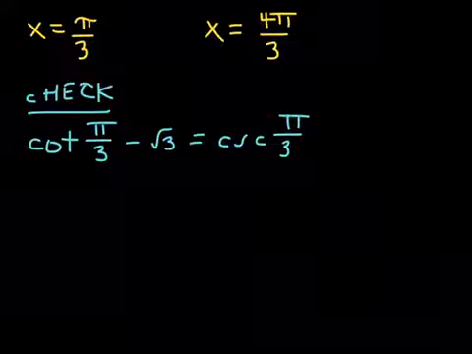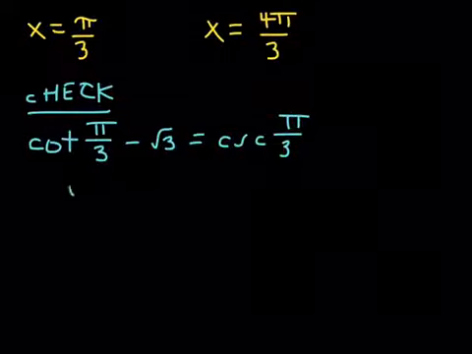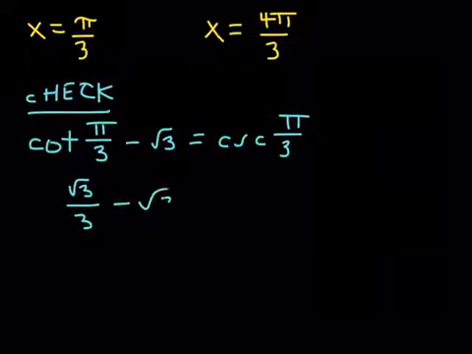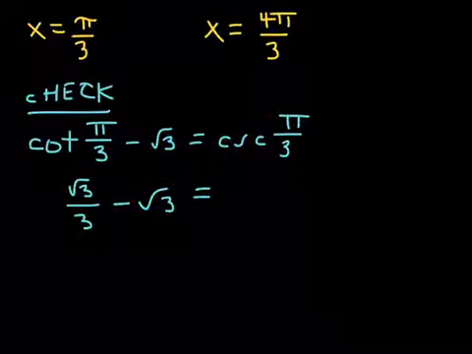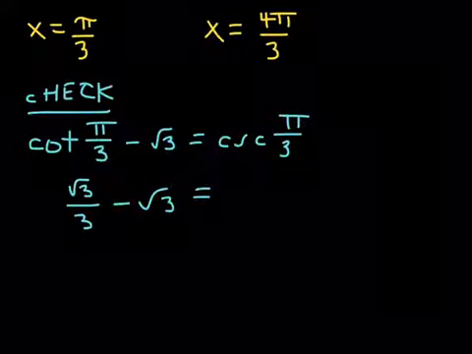Cotangent of pi over 3 is root 3 over 3 minus root 3 is equal to cosecant of pi over 3. But cosecant of pi over 3, let's see, what is that? Well, that's the reciprocal of sine of pi over 3. Sine of pi over 3 is root 3 over 2, so then this would be 2 root 3 over 3.